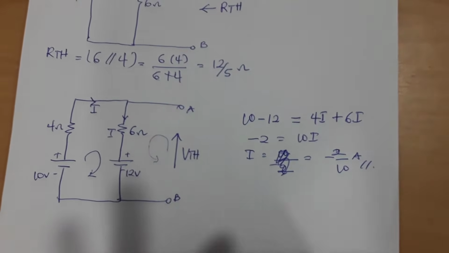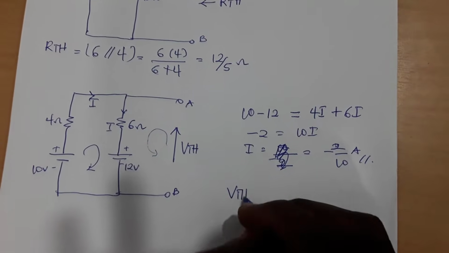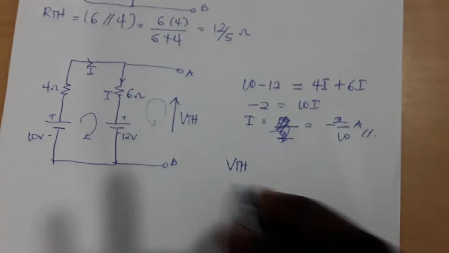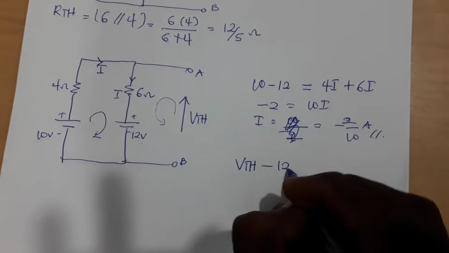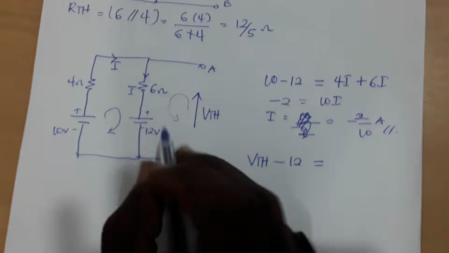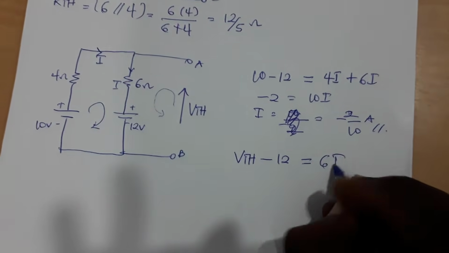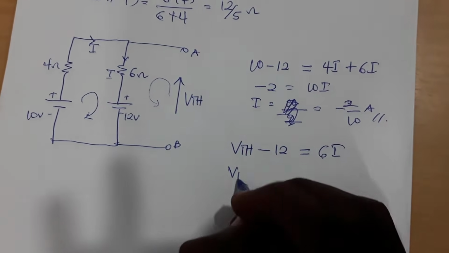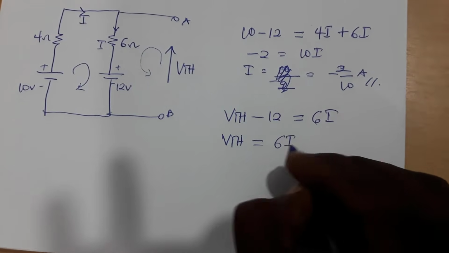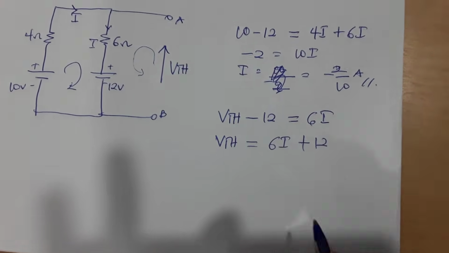going this direction. So VTH, because we are treating this as a voltage source, so it will be VTH minus 12 should be equal to this. The voltage drop in this loop is just this one, so 6I. So VTH, that is our main focus, will be 6I plus 12.